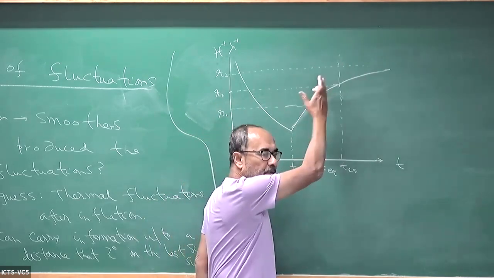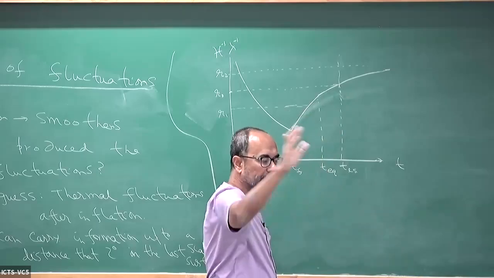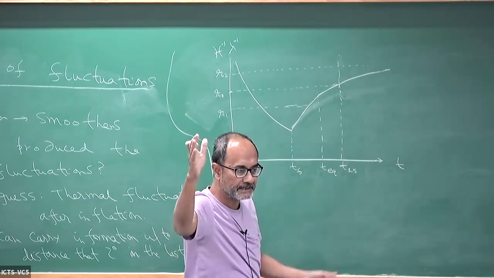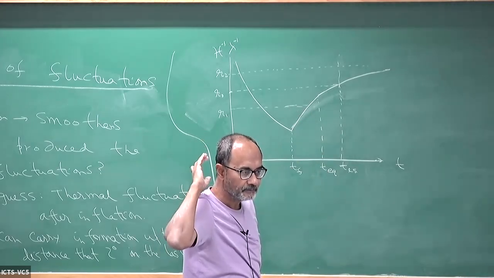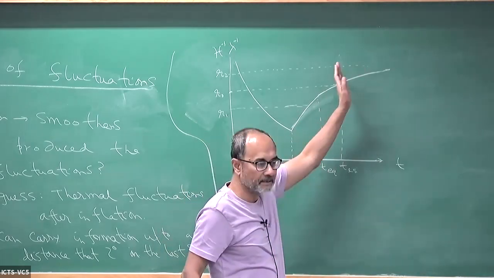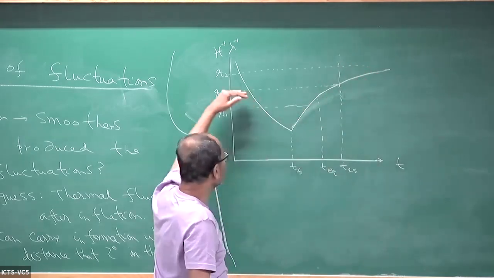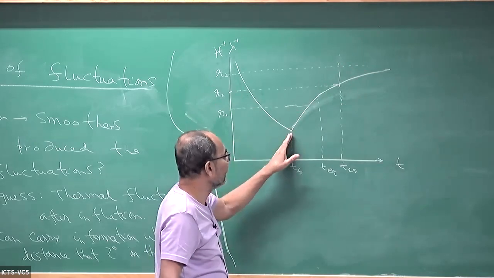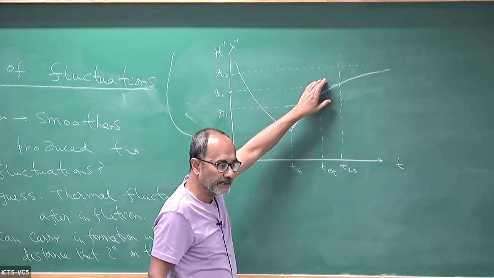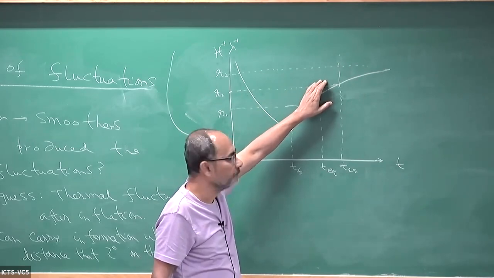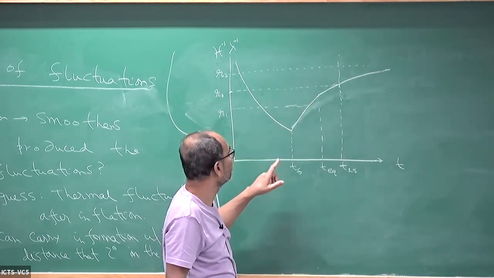After that, it doesn't matter because you are seeing the last scattering surface. The fluctuation that you are observing is the last scattering surface, right? So what happens after that doesn't matter, up to the time of last scattering. Anything that happened after inflation is below this R2 scale. So it cannot be produced between, say, R2 was at T2.